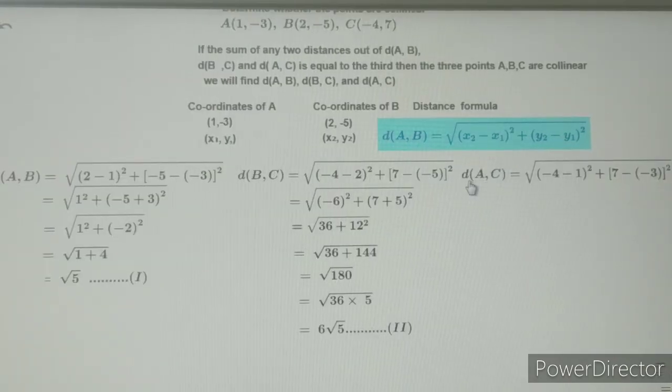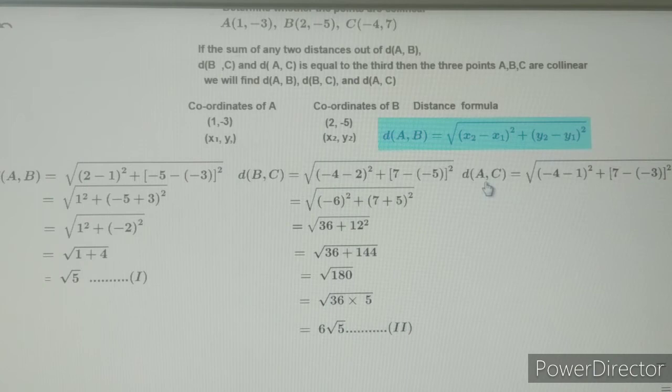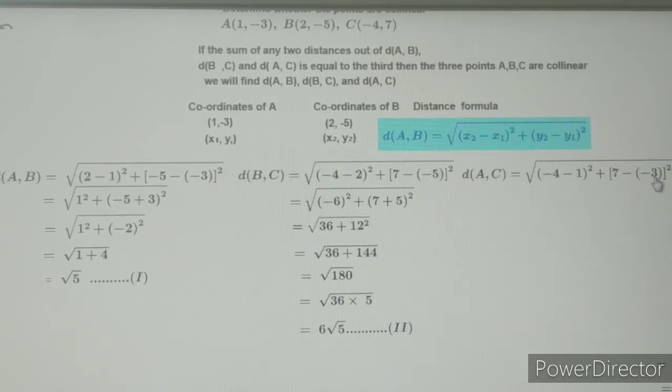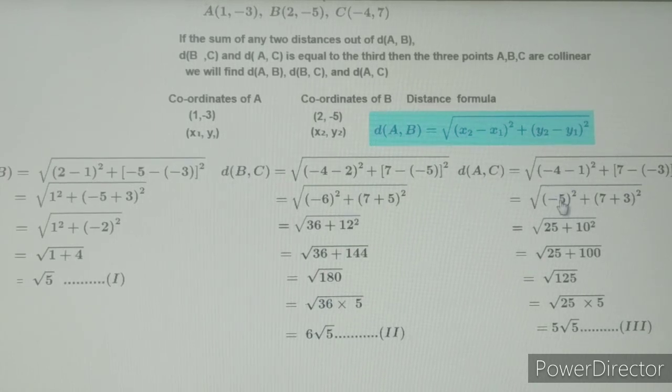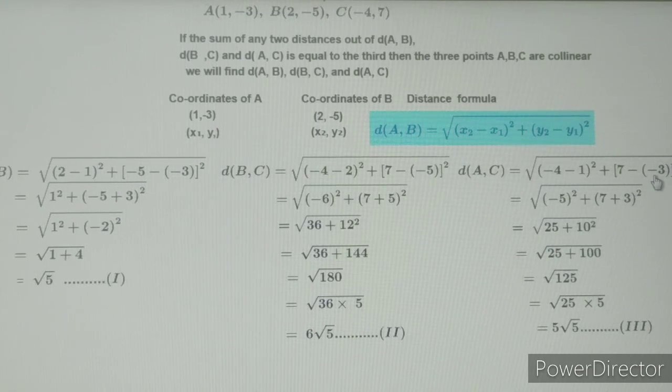Now let us find distance AC. We have coordinates of A, we have coordinates of C, and by putting values here in the distance formula, here -4 minus 1, that is -5, and 7 minus in bracket -3. Here minus minus plus, therefore 7 plus 3 whole square.